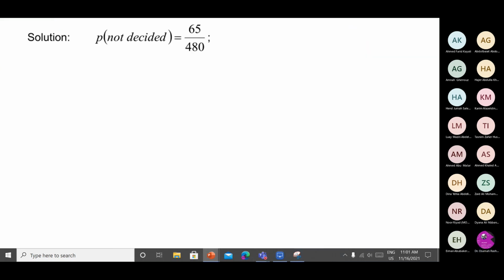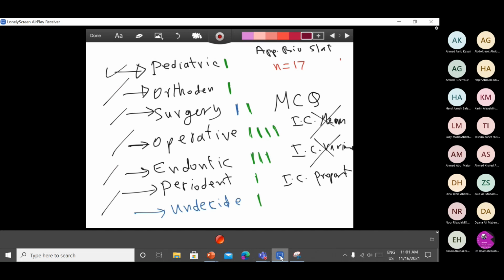So he's asking for the proportion not decided. Like one of your classmates says it's up to the market, so he didn't decide yet. Can I apply the same to this one?